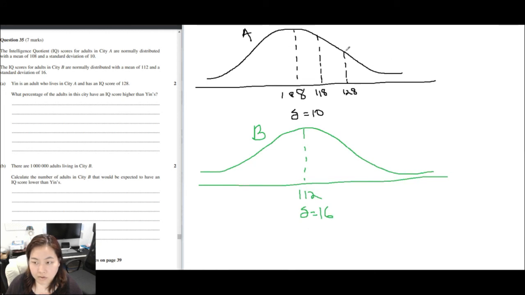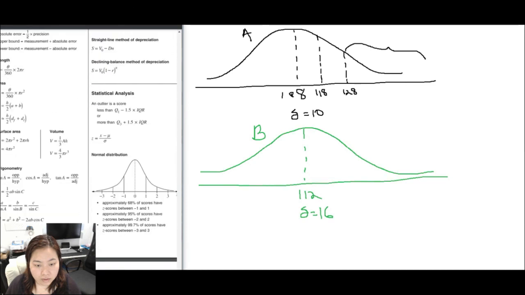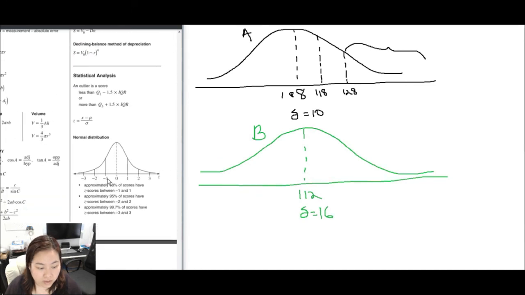Therefore, only these people have IQ scores higher than her. What percentage of adults is that? Okay. Now in here, they've given us that approximately 95% of scores have a Z score between -2 and 2.